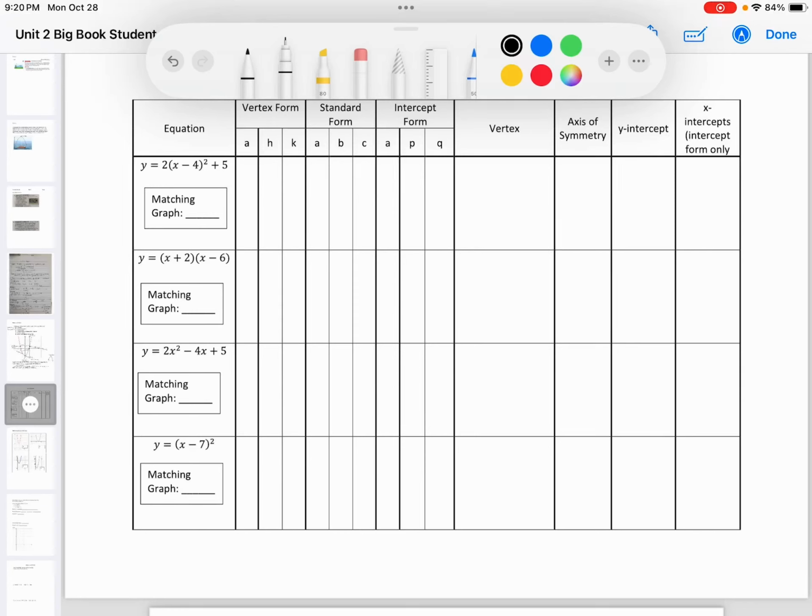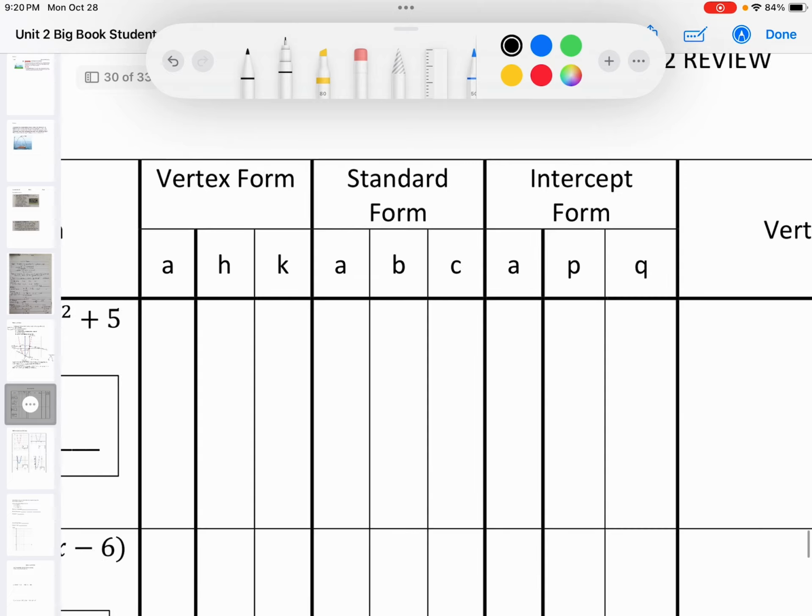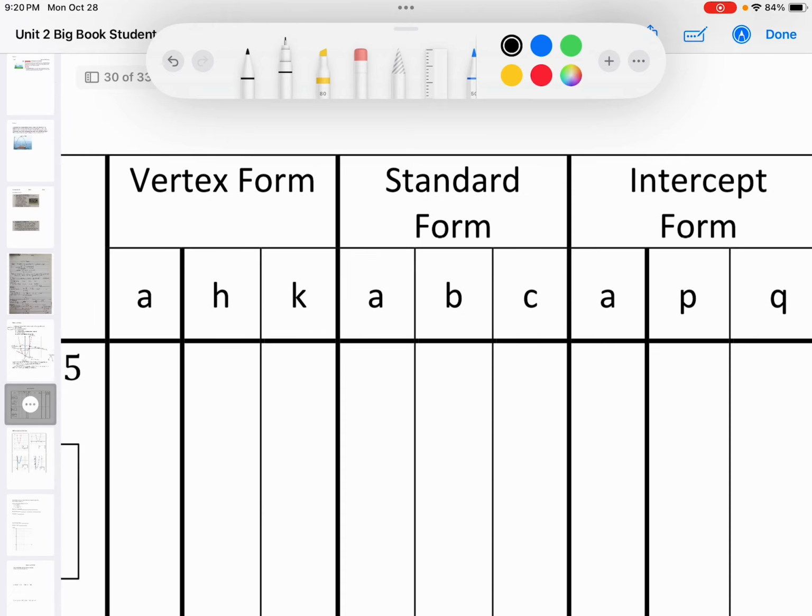Okay, for this page, we have 4 different equations, and the main thing is that we need to first determine which form it is in. We have vertex form, which is f of x equals a times x minus h squared plus k.